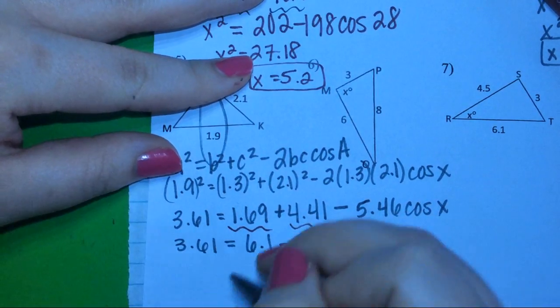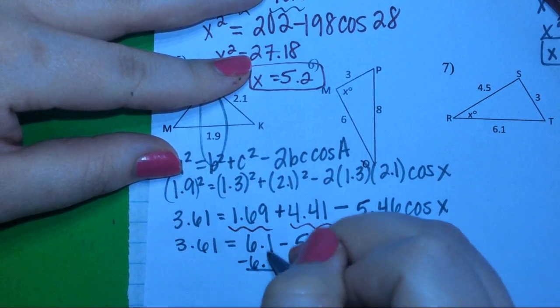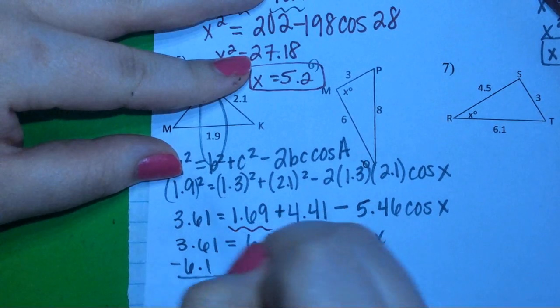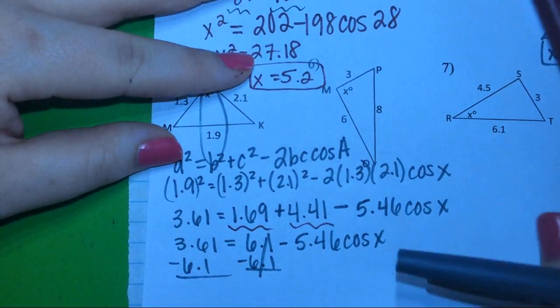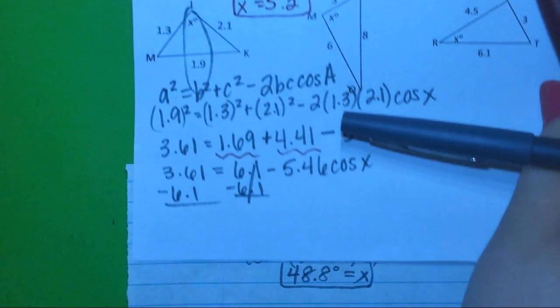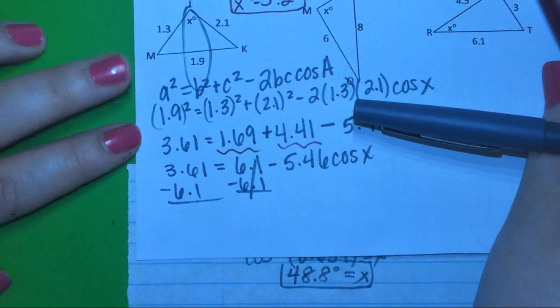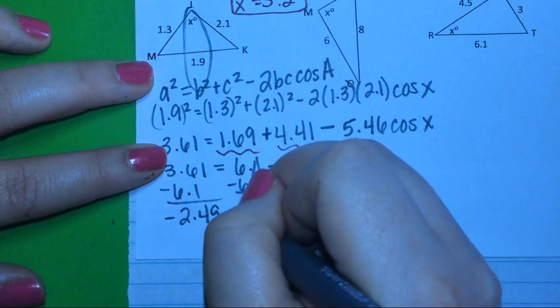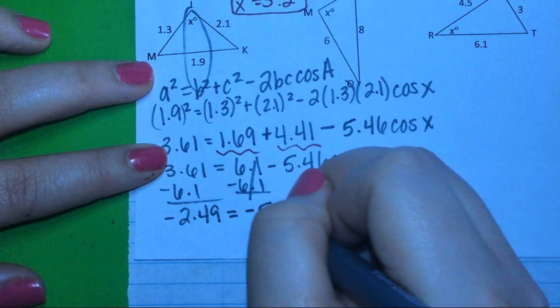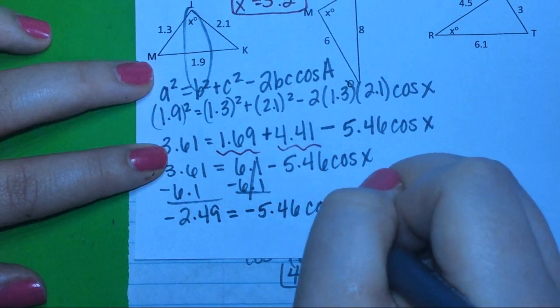I need to subtract 6.1 from both sides. What did you get? So I have negative 2.49 equals negative 5.46 cosine of x.